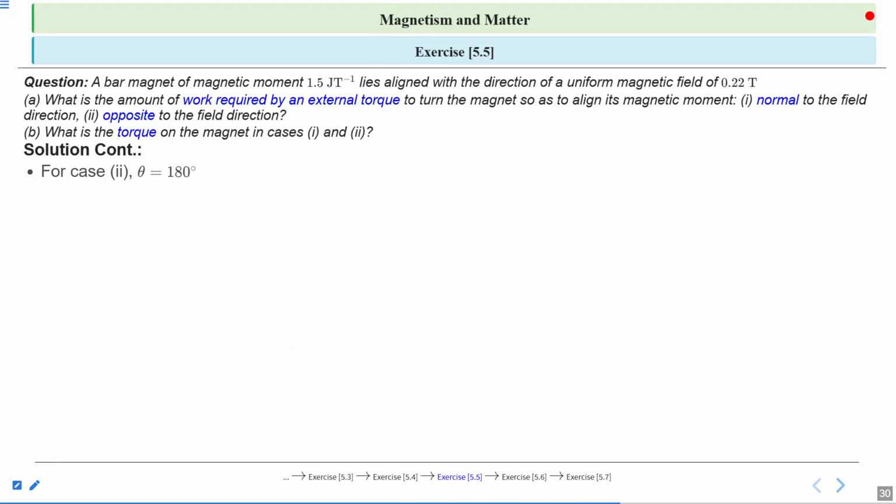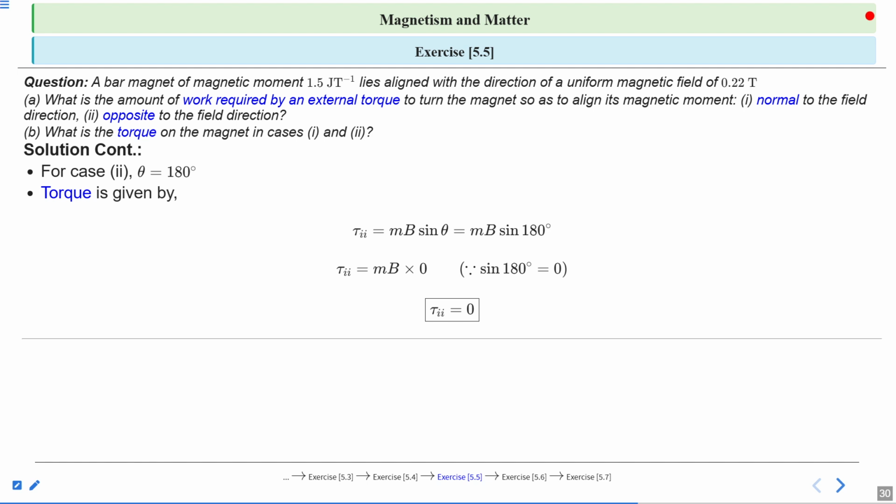Now, in the second case, when theta is equal to 180 degrees, the torque is given by tau second equal to mB sin theta, and theta is 180 degrees because the magnetic moment is in the opposite direction to the field. Because sin 180 degrees is 0, tau second is mB into 0, so the torque in the second case will be 0.